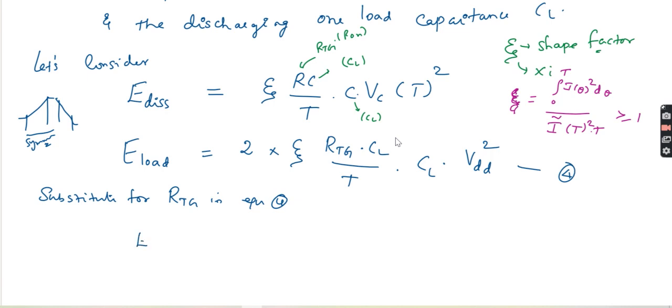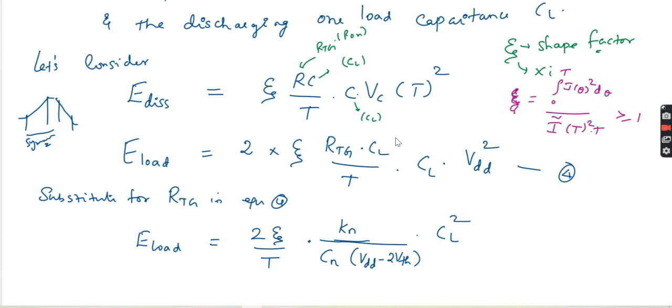So we get E load is equal to 2 psi by T into Kn divided by Cn (VDD minus 2 times VTH) into CL square, because CL into CL square, into VDD square.